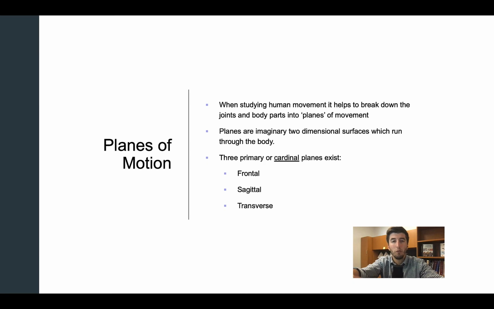So we're going to be using planes to describe specific joint actions, specific muscle movements, as well as specific movement terminology. There are actually 3 primary cardinal planes, and these can be subdivided further and combined to make diagonal planes. But the 3 cardinal planes are going to be our frontal plane, our sagittal plane, and our transverse plane.